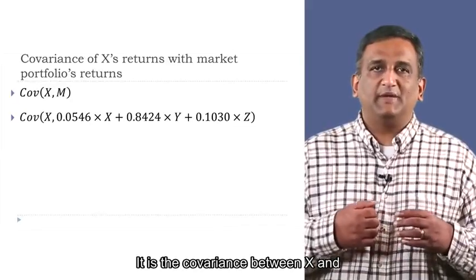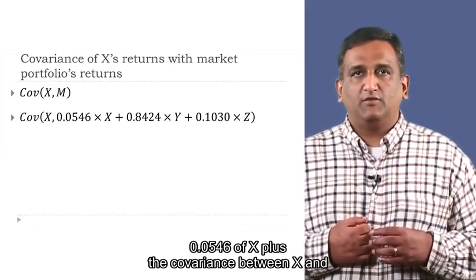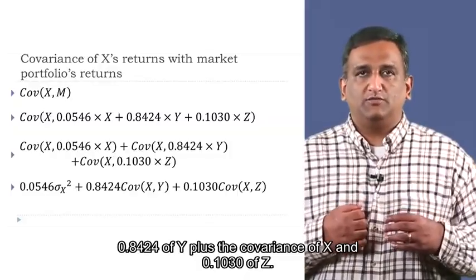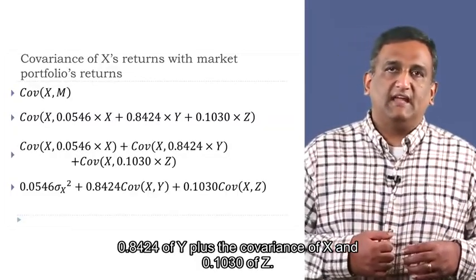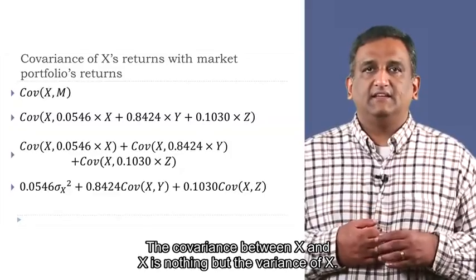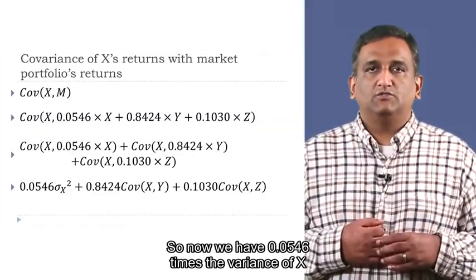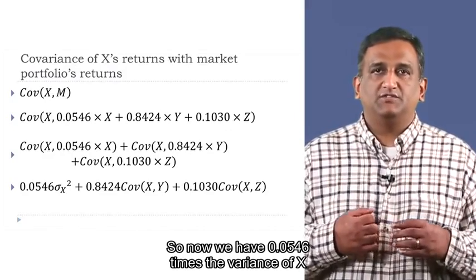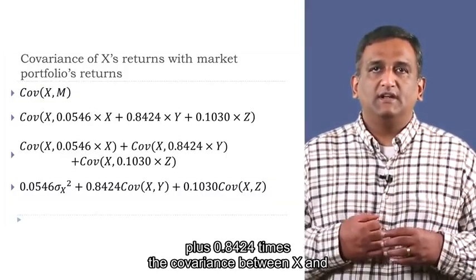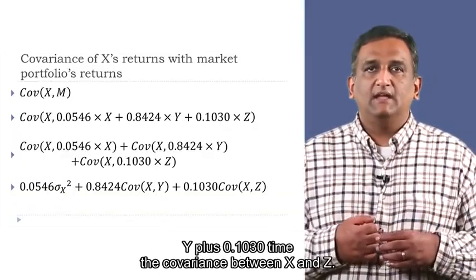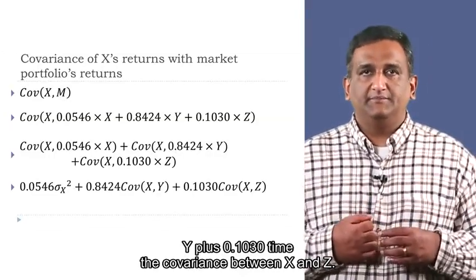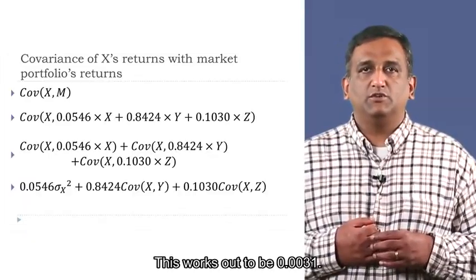It is the covariance between X and 0.0546 of X, plus the covariance between X and 0.8424 of Y, plus the covariance of X and 0.1030 of Z. The covariance between X and X is nothing but the variance of X. So now we have 0.0546 times the variance of X plus 0.8424 times the covariance between X and Y plus 0.1030 times the covariance between X and Z. This works out to be 0.0031.